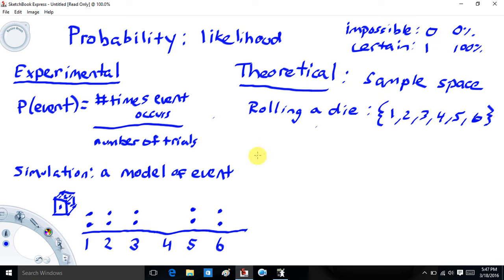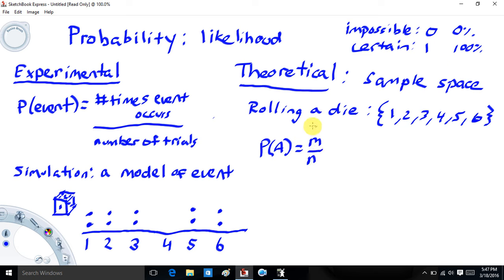So for theoretical probability, if a sample space has n equally likely outcomes, and an event A occurs in m of those outcomes, then the theoretical probability of event A is m over n.